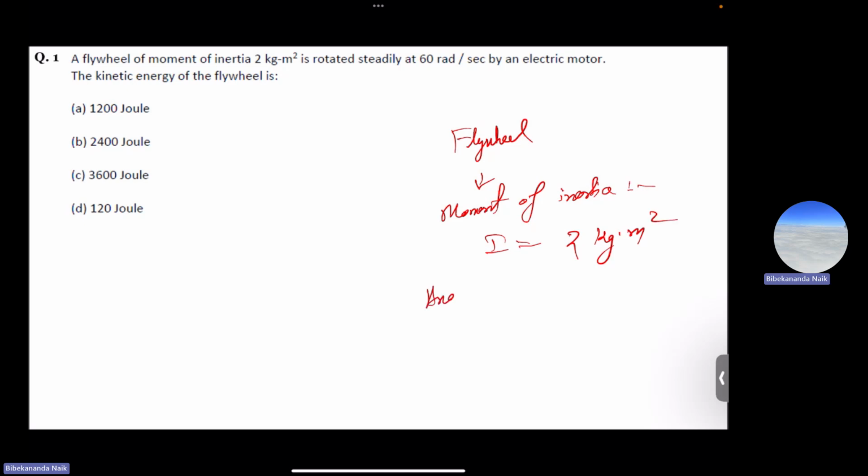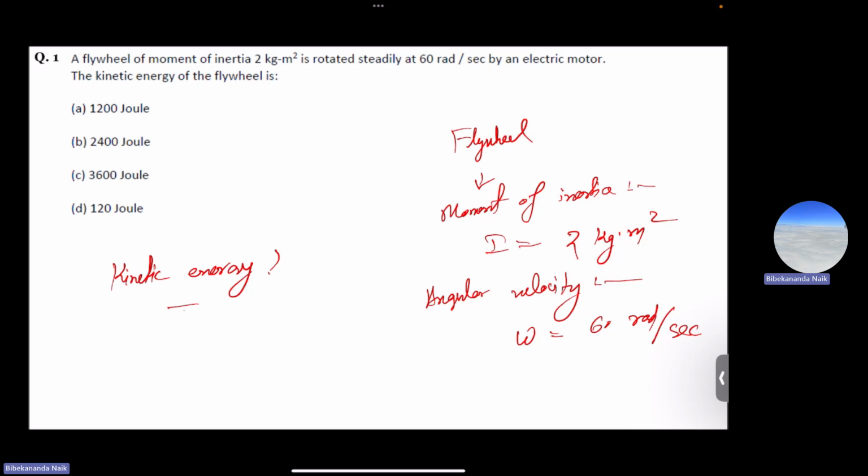So the angular velocity omega is 60 radians per second, and it is being rotated with the help of an electric motor, and we need to find out the kinetic energy of the flywheel. I'll give you a few minutes to solve this, and then we'll discuss.